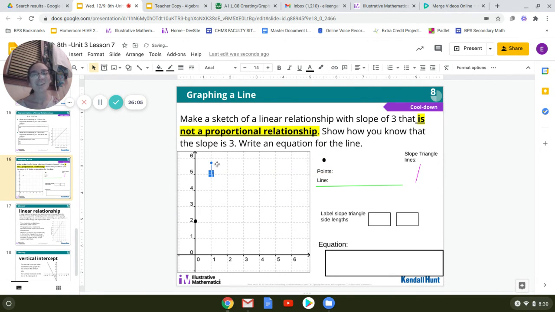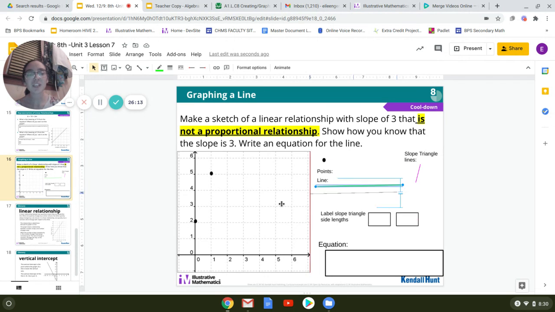So I just created my equation line here. I put a y-intercept at 2, and then from there I went up 3 over 1, and I'm going to connect it to make my line. I'm going to take the green line, line it up with that y-intercept, and pull it so that it goes through my second point that I drew there.